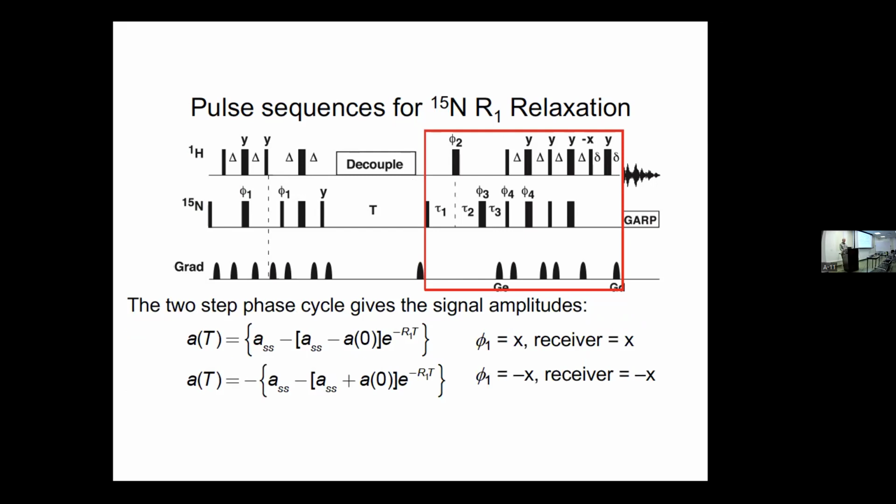Yep. Why are there so many INEPT blocks towards here? Right. So this first T1, T2, T3 is going to generate, right here, in-phase nitrogen. So this first block is going to frequency label with the nitrogen chemical shift and convert to antiphase.